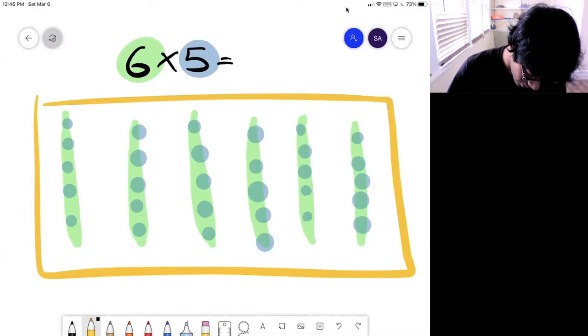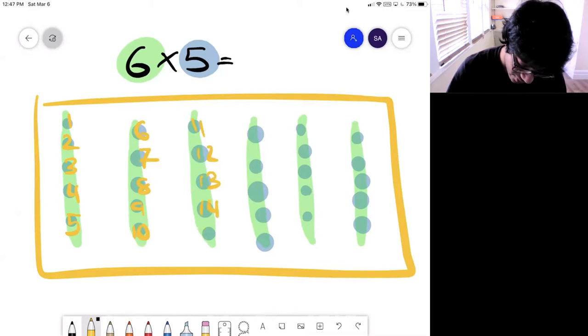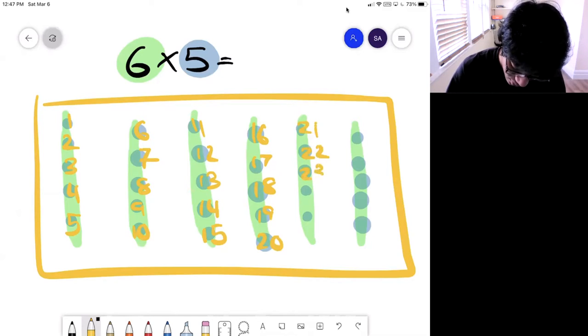So we have 1, 2, 3, 4, 5, 6, 7, 8, 9, 10, 11, 12, 13, 14, 15, 16, 17, 18, 19, 20, 21, 22, 23, 24, 25, 26, 27, 28, 29, and 30.